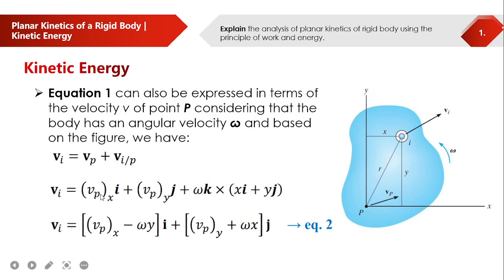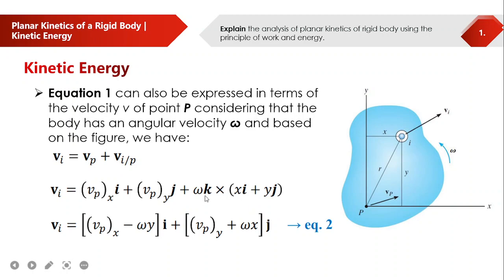The first and second terms are no problem. But here, we need to take the cross product of these two terms. So omega k cross product by x sub I, that will be k cross i.